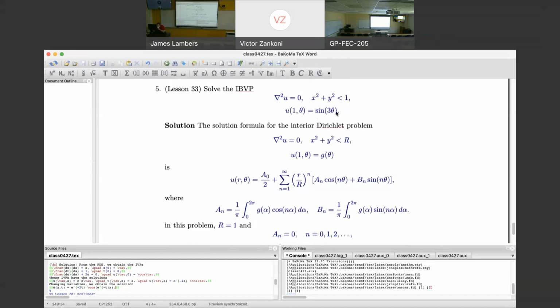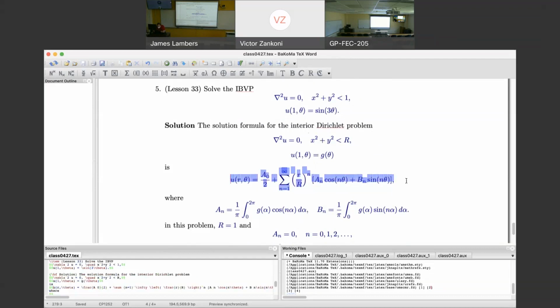So these are boundary value problems, there's no time here. And what you can do, you have a general solution formula. You can jump directly to this. Where capital R is the radius, oh, that's a typo. It should be R squared.